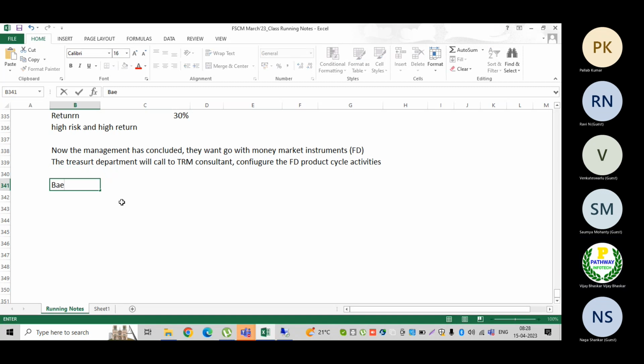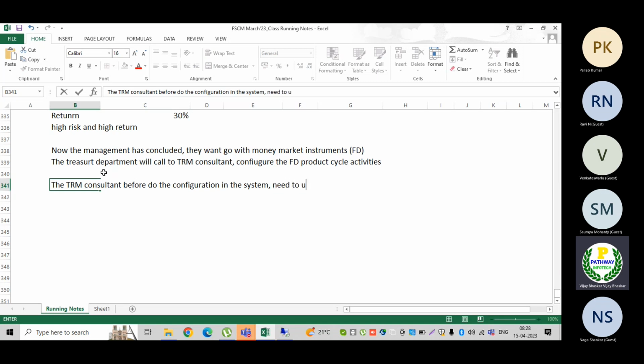Now our role is that when they call the TRM consultant, before doing the configuration in the system, the system needs to understand the structure of the product, or we can structurize the product.